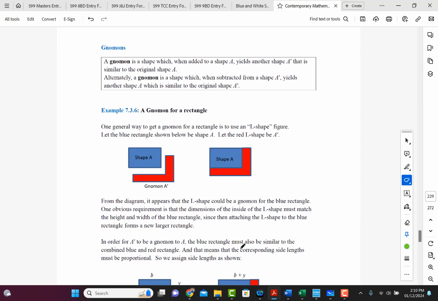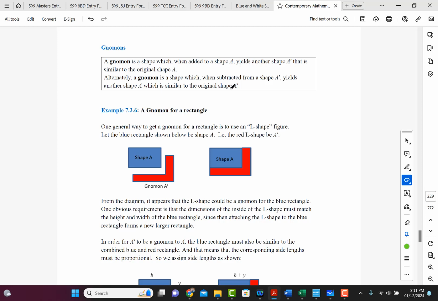So now let's talk about gnomons. Okay, so now we're introducing a new definition. You may or may not be familiar. It's called a gnomon.